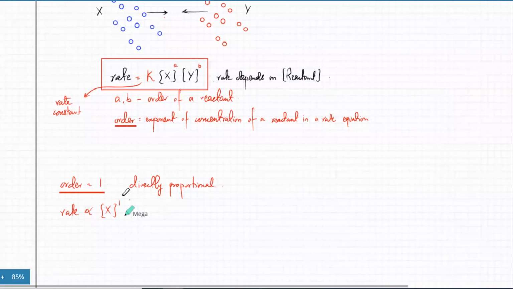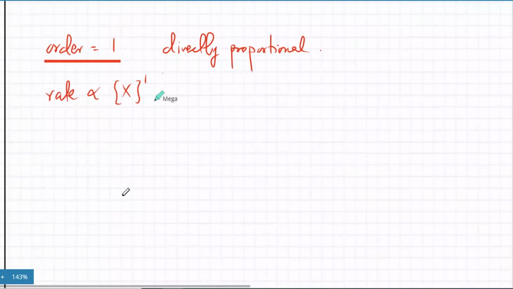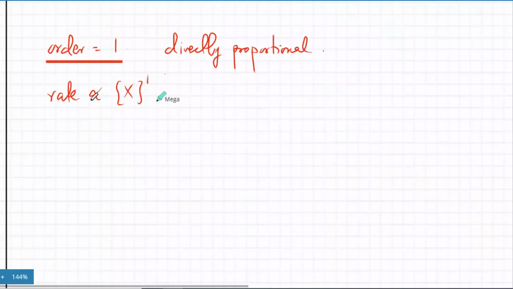If it's 1, this is direct proportionality. If you change the concentration of X, the rate would increase proportionally. If you double the concentration of X, the rate would also double.